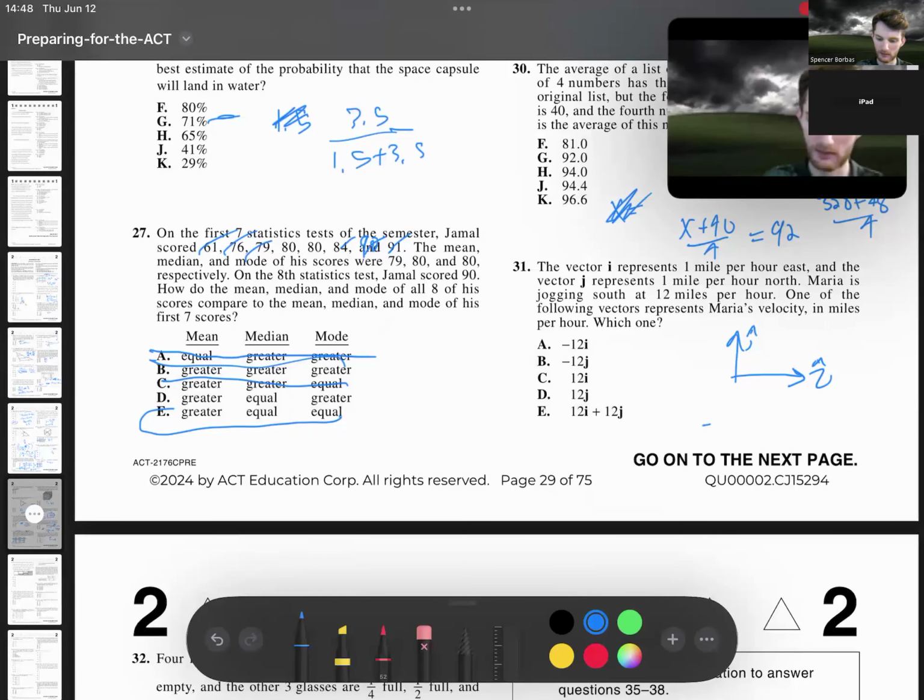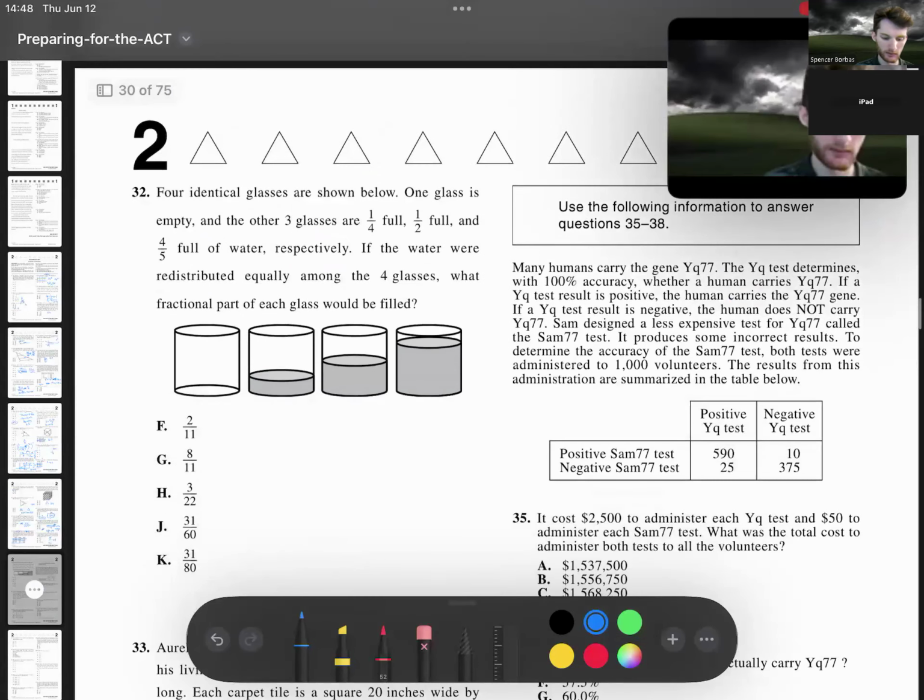South, so it's like negative 12 J. Yeah. All right, for its classes, what? All right, so I just need the average.